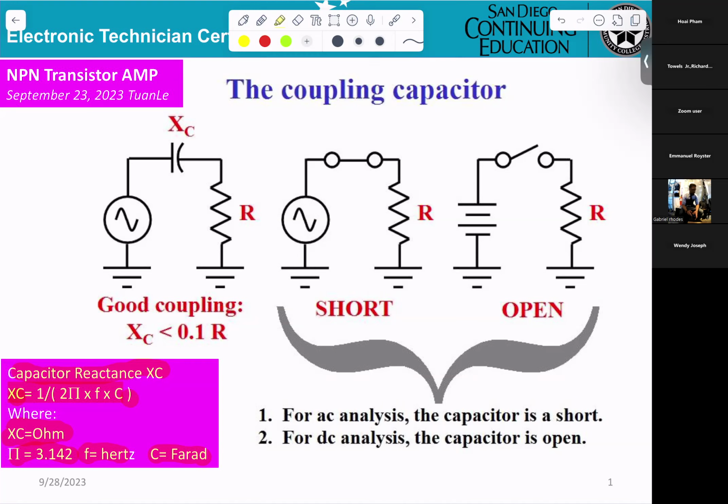And Xc is a resistance, so the unit will be in ohm. And they can tell you, okay? The capacitor for the AC here, it will be shorted.